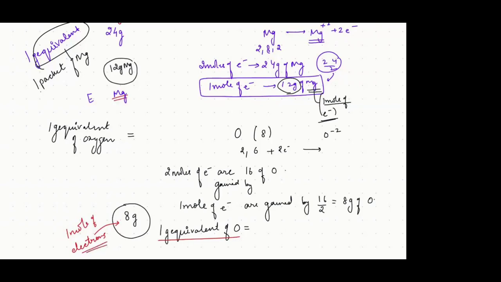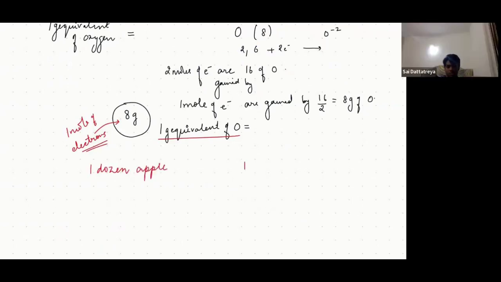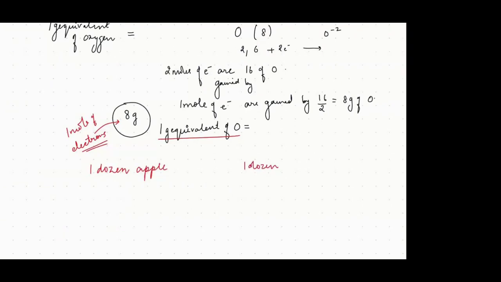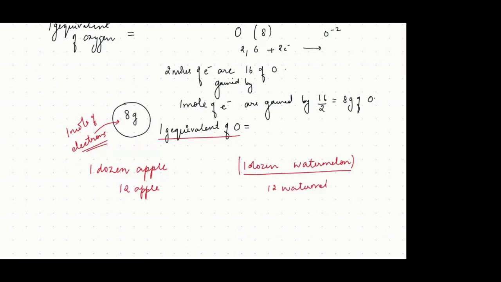So now you understand. Let's suppose I have 1 dozen apples and 1 dozen watermelons. What does that mean? Number wise, it is 12 apples and number wise, it is 12 watermelons. So number wise, it is 12.